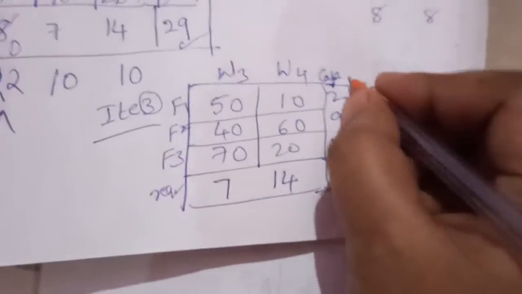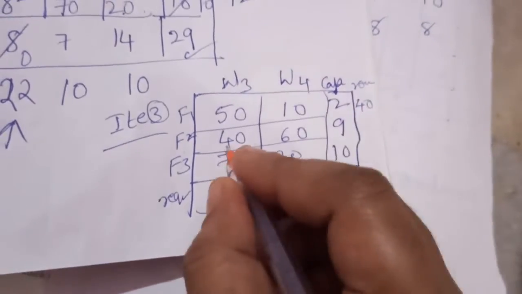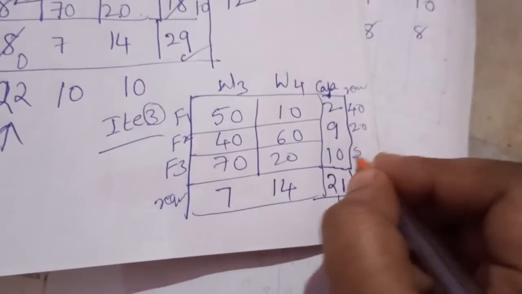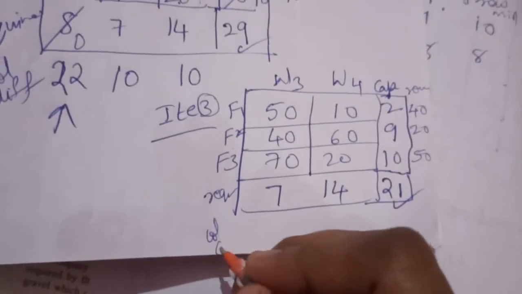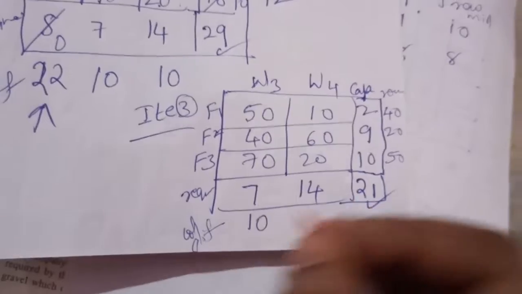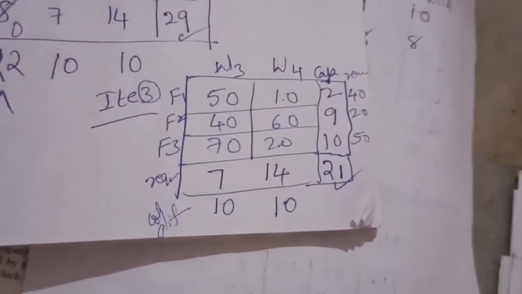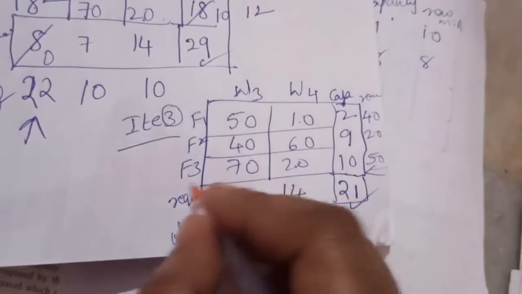For the row differences we take 40, 20 and 50, and for the column differences 40 and 50 gives 10, and 20 and 10 gives 10. Among all of these, 50 is the maximum, so select this row.